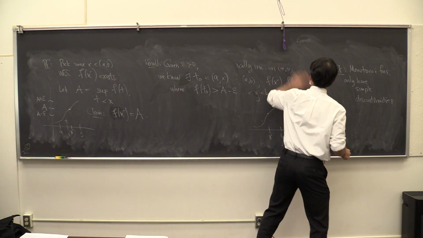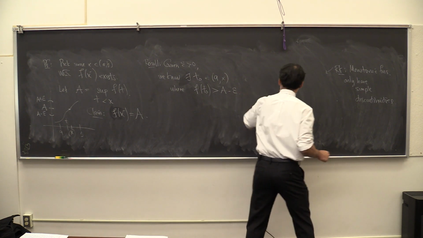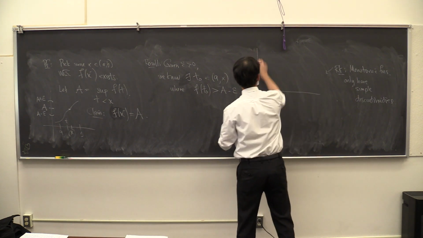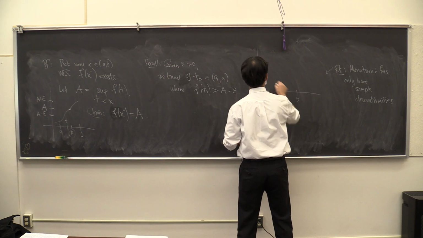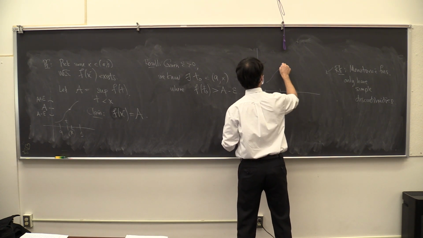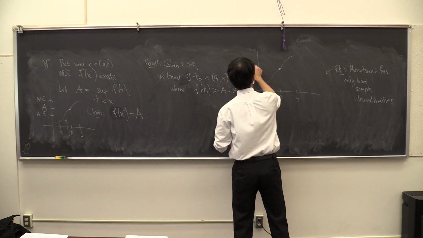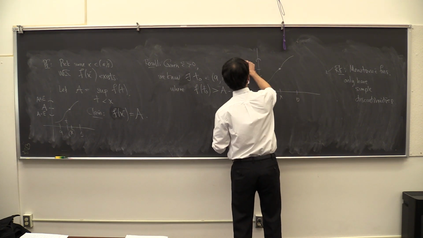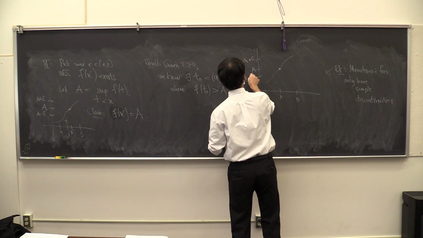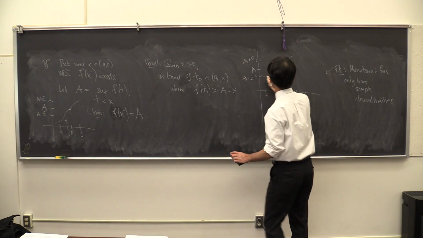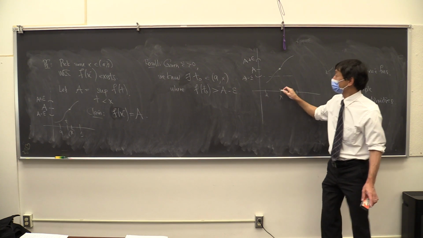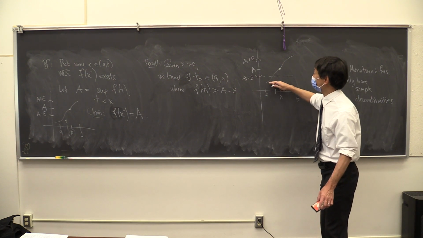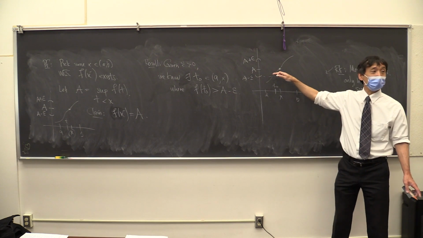Let me draw the picture again over here. Here's x, here's a, b, here's my function, here's A. Somebody has given me an epsilon. We know there's got to be some point t naught on the left side where we're higher than A minus epsilon.